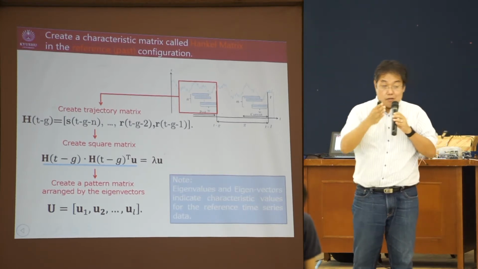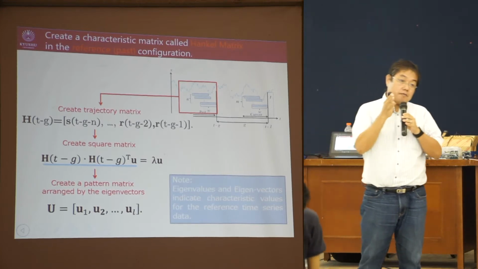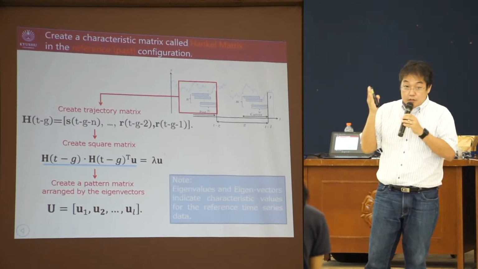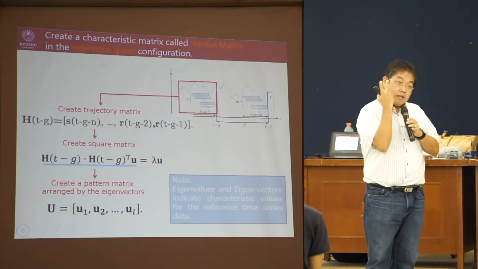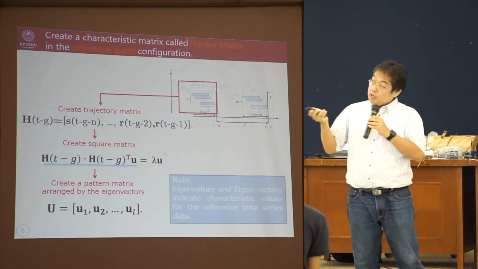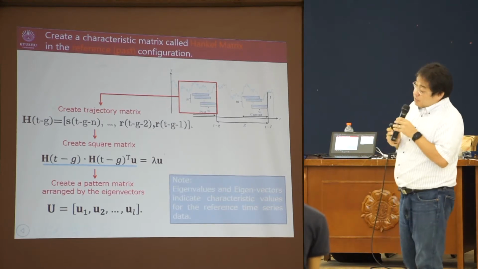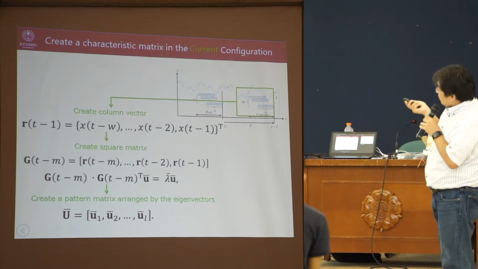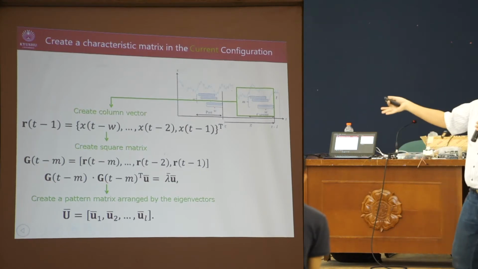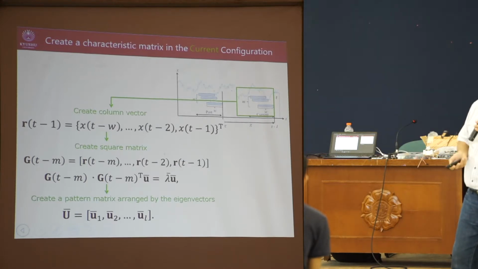So in that case, we drop U3, U4, as U1 and U2 are very important vectors to estimate this profile. And then this method is applied to the current stage, so we get this value.